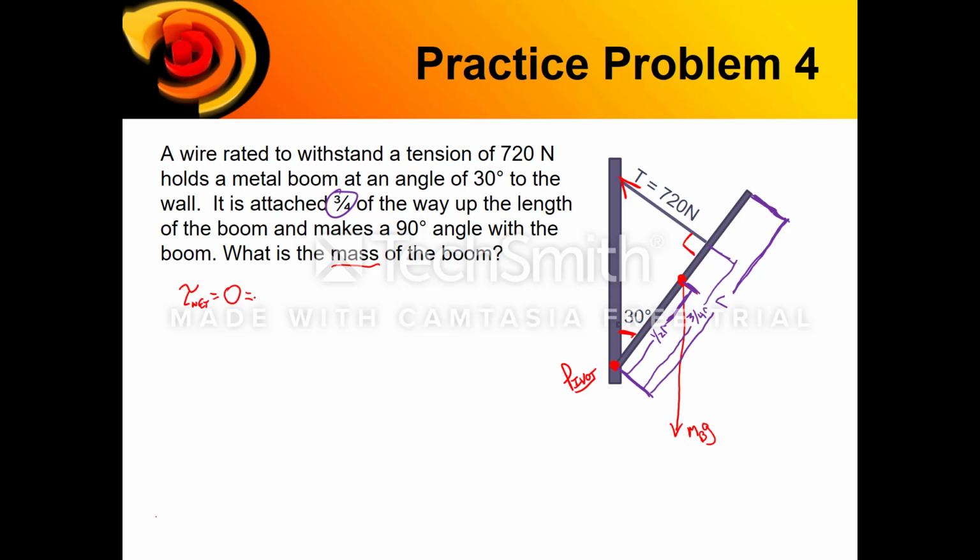Again, we have our pivot point located where it hits the wall. If I start at that pivot point and go up the metal boom, I run into my first force, which is the gravitational force of the boom itself.